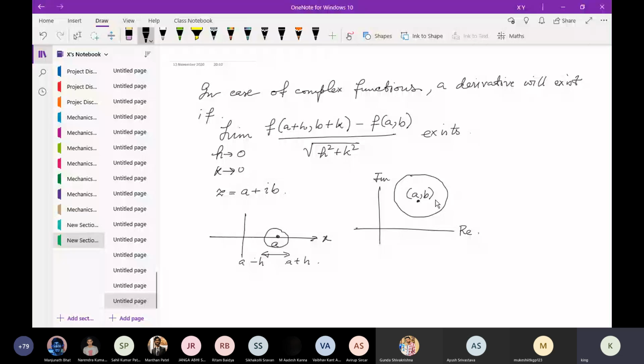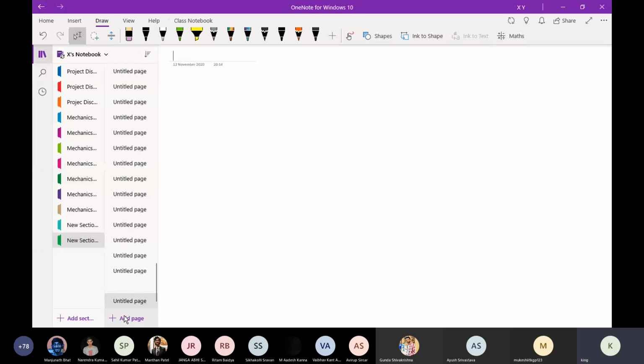So we have a unique derivative when, irrespective of the direction of approach, we get the same result. And this is something that we will be utilizing when we deal with certain aspects of contour integration.